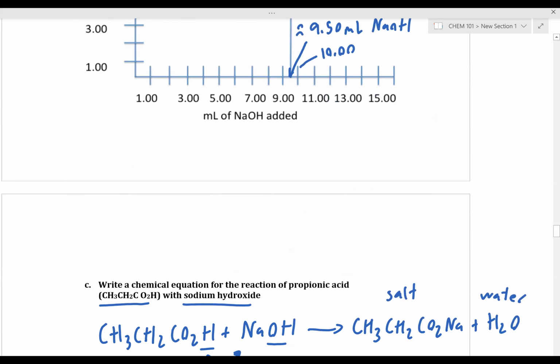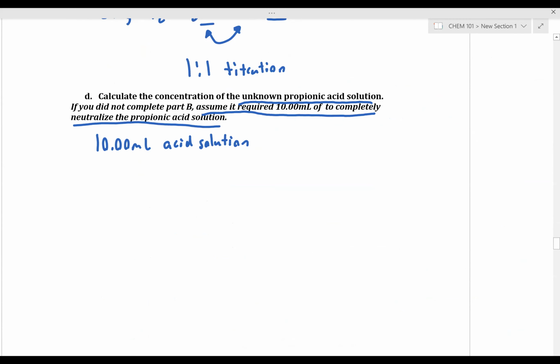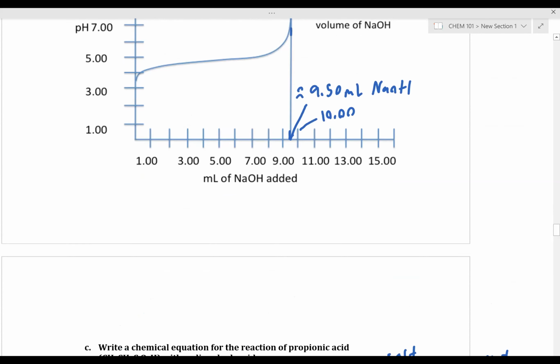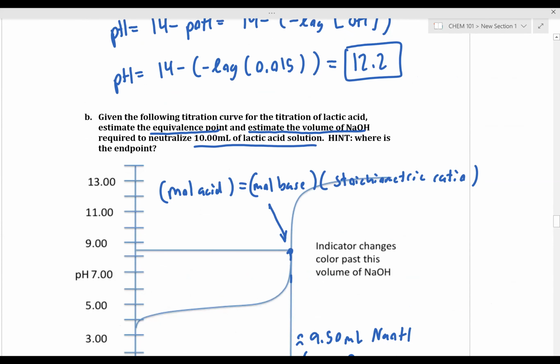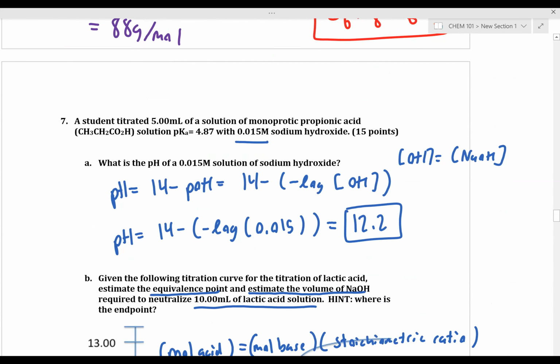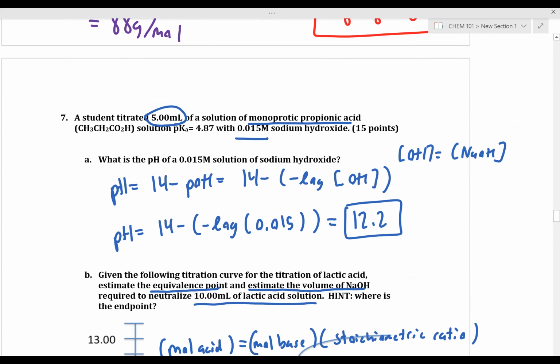Yep, 0.015 molar NaOH, and we know that it required 10.00 milliliters of NaOH. And reading the problem further, how many milliliters of the propionic acid did we titrate? 5. So let's plug that in.